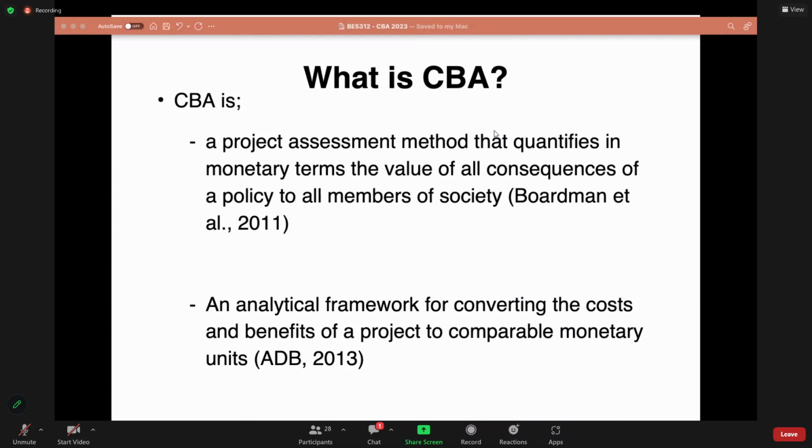According to the Asian Development Bank, it's an analytical framework for converting the costs and benefits of a project to comparable monetary units. So basically, in a CBA, we want to convert all the costs, all the benefits to society as a whole to money terms and see if the benefits are more than the costs or not.